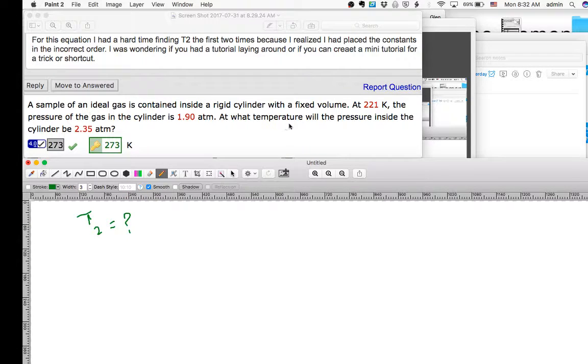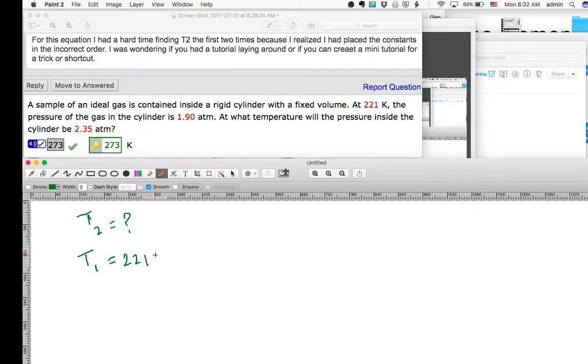You know it's not the T1, because the T1 is something that either happened in the past or happened in the present. It just can't be something in the future. At 221 K, the pressure is. So this verb is, and that indicates something that's not the future.